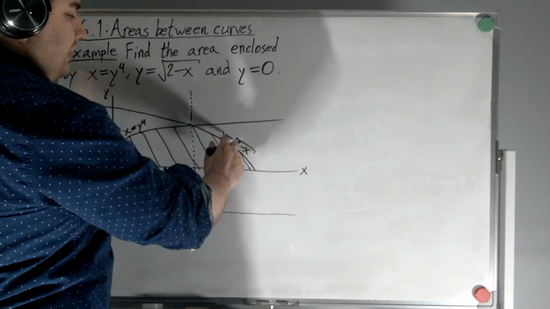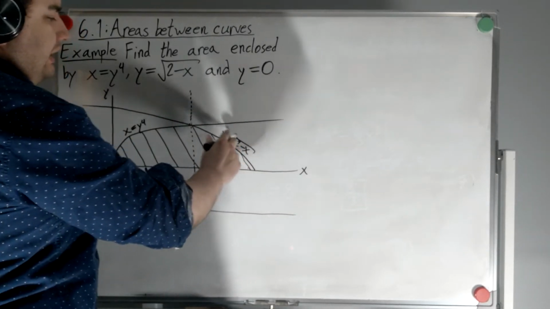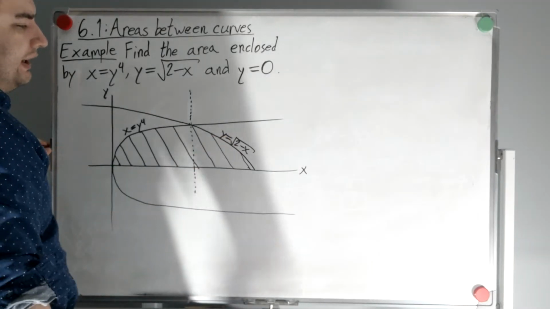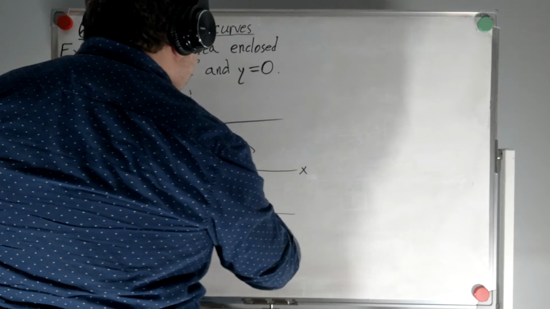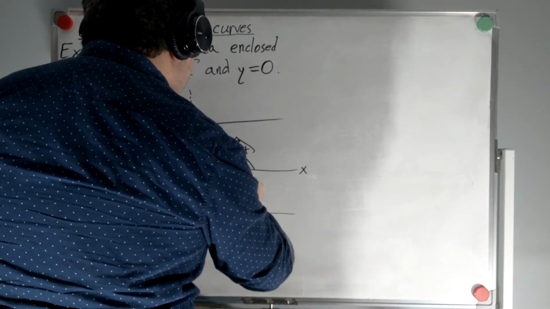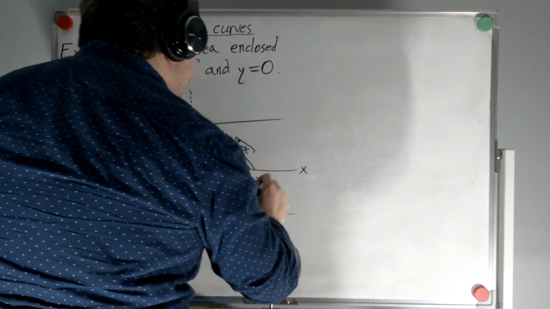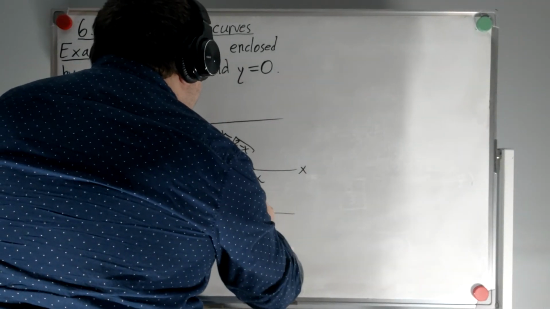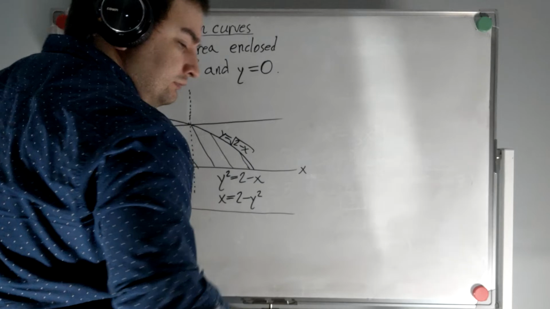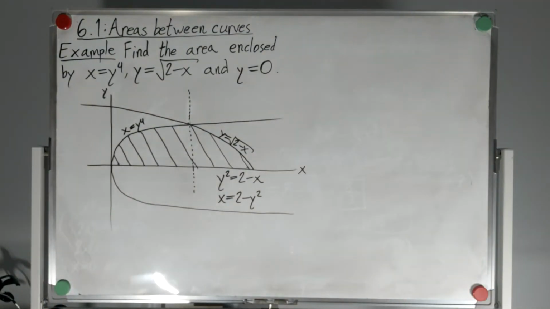In that case, we're going to have to rewrite this function right here as x as a function of y, which we can do. y equals square root of 2 minus x gives us y squared equals 2 minus x, in which case x is just 2 minus y squared. All right.